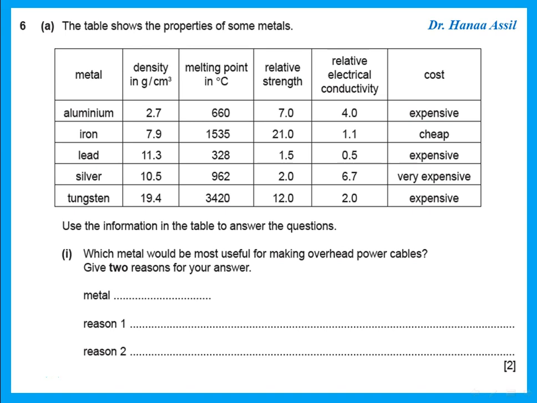So our choice is aluminium or tungsten. Now, what else do I need in overhead power cables? I need it to be low density, something that is light. If you look at the density, aluminium will have lower density. So the reason why I'm choosing aluminium is it has low density and it has high electrical conductivity.